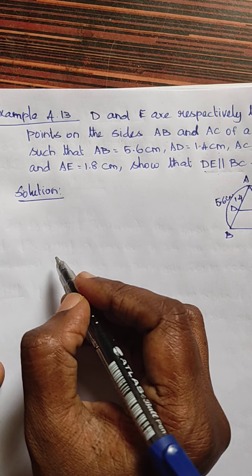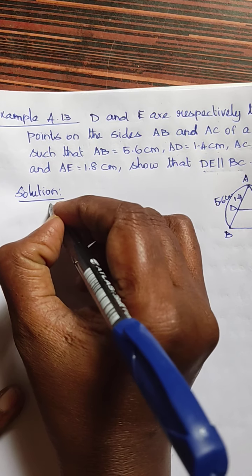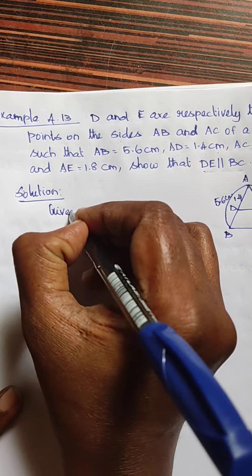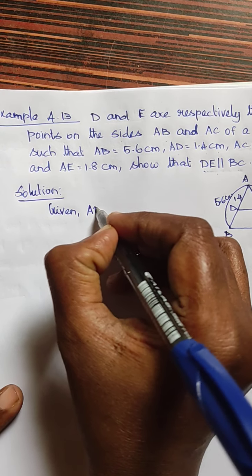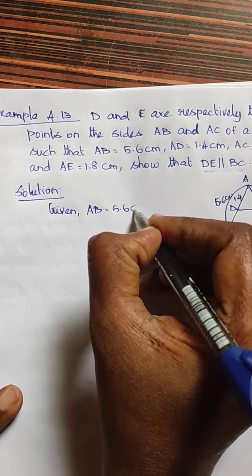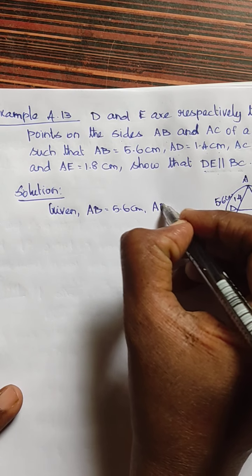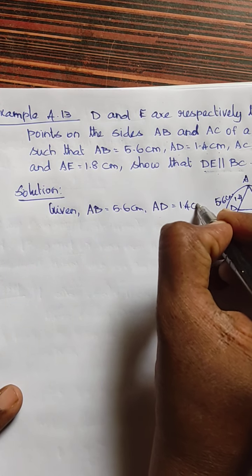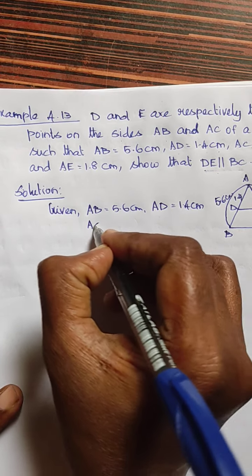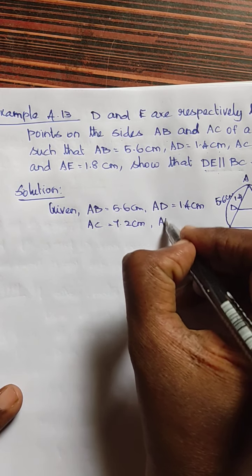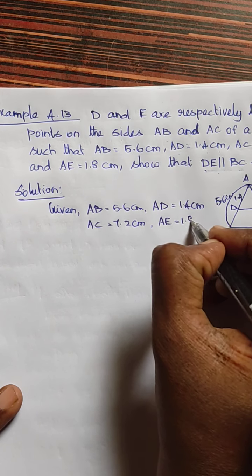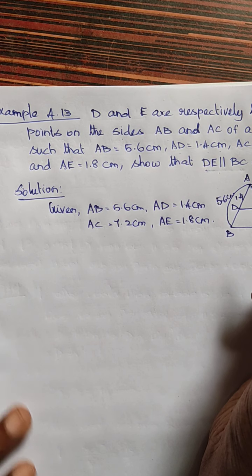So, first we will write what is given in the question. Given AB equal to 5.6 cm, AD equal to 1.4 cm, AC equal to 7.2 cm and AE equal to 1.8 cm.